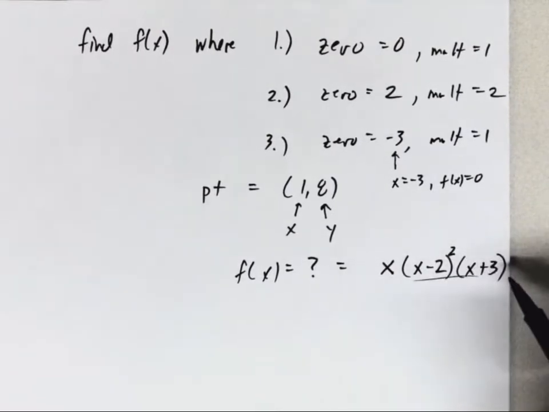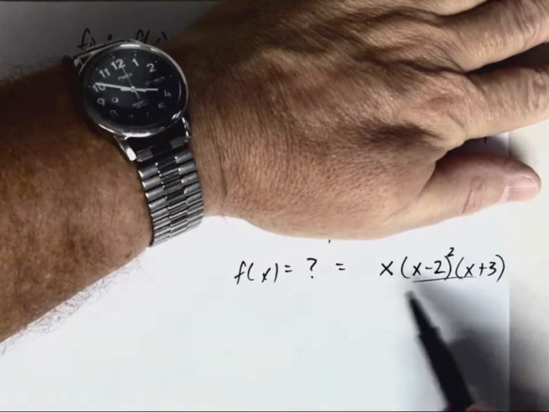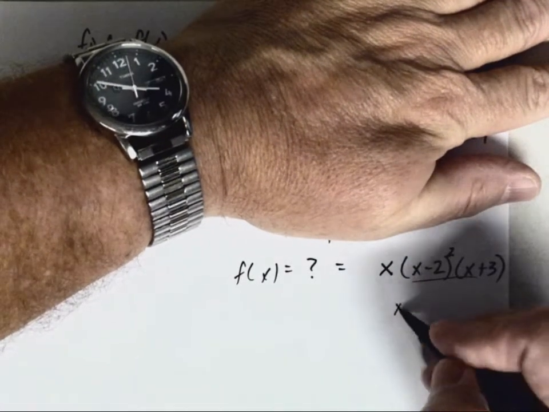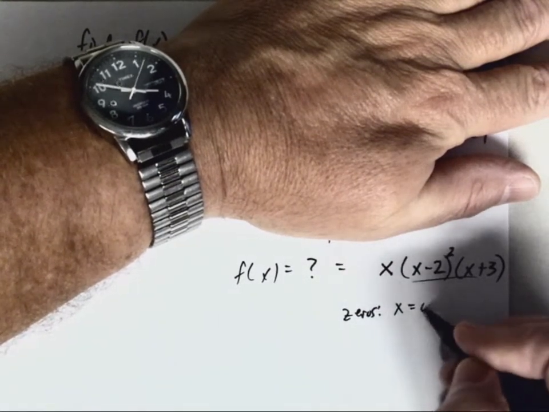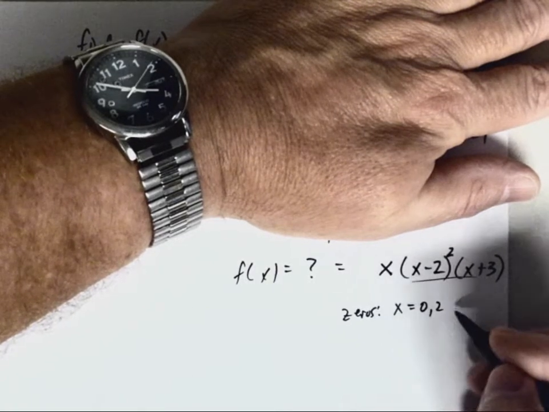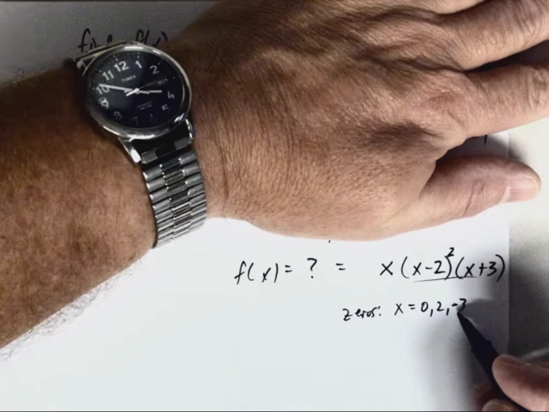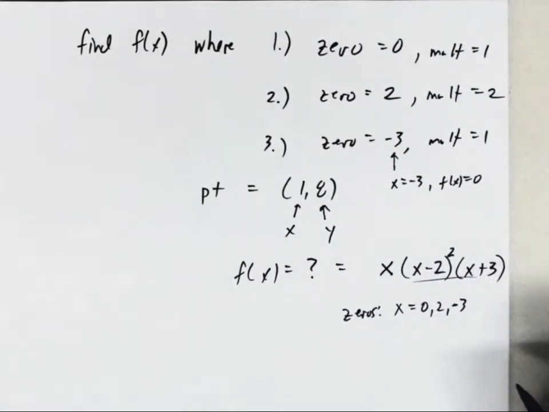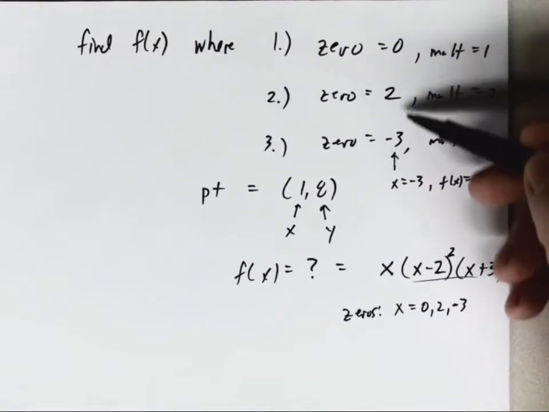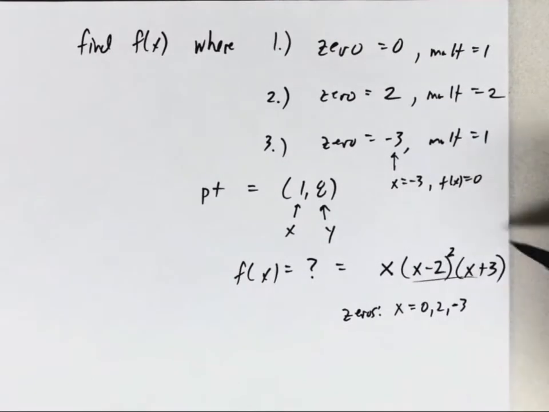Right? So if I gave you this equation and said, what are the zeros of this function, you would say the zeros would be x equals 0, x equals 2, and x equals minus 3. Well, those are the zeros that they gave us. So based upon giving us the zeros and the multiplicity, we were able to create this function.